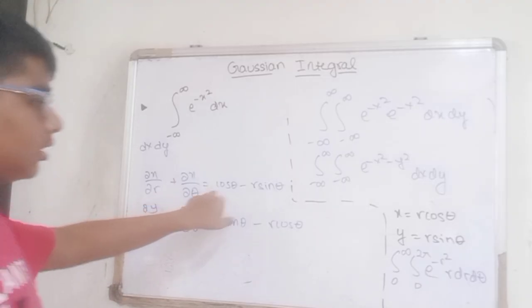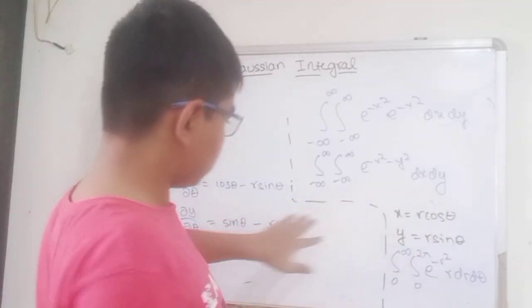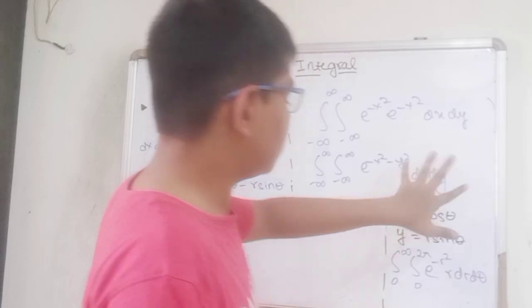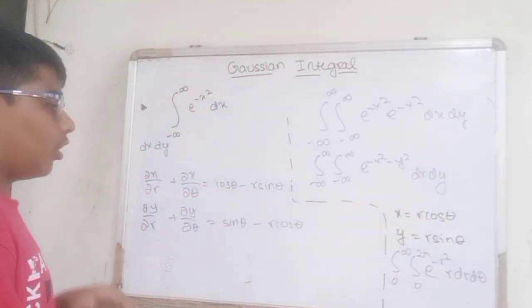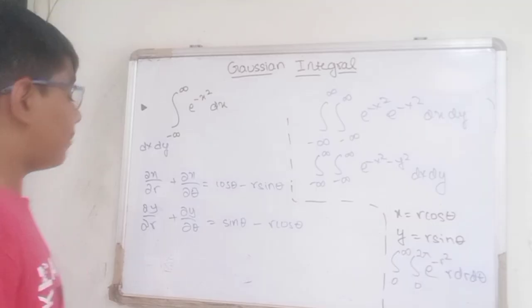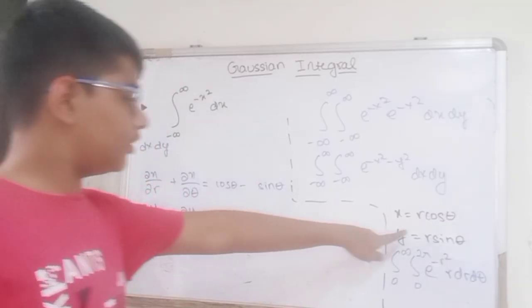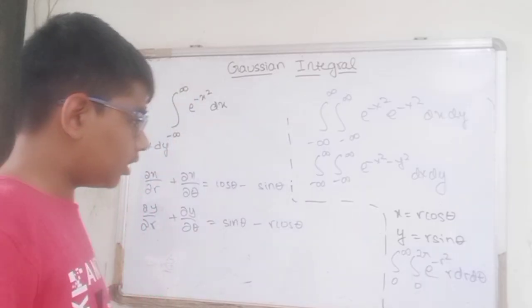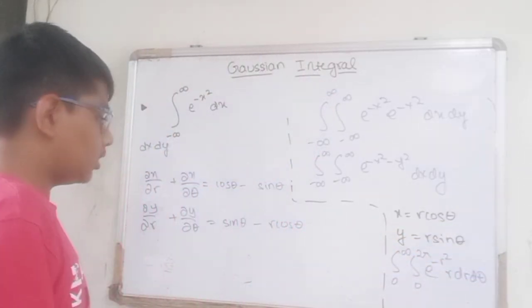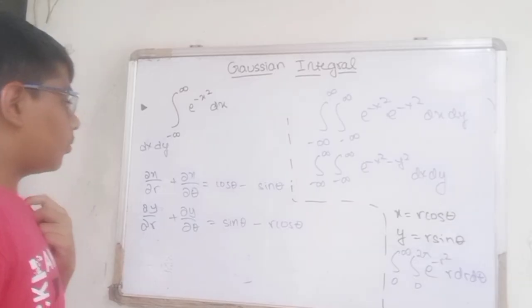Let me just check once. r cos theta, so r goes out. What is the differentiation of r cos theta? The constant term, cos theta, is differentiated, I'm saying integration but differentiation, so minus sin theta. Then we take cos theta constant and r like that.